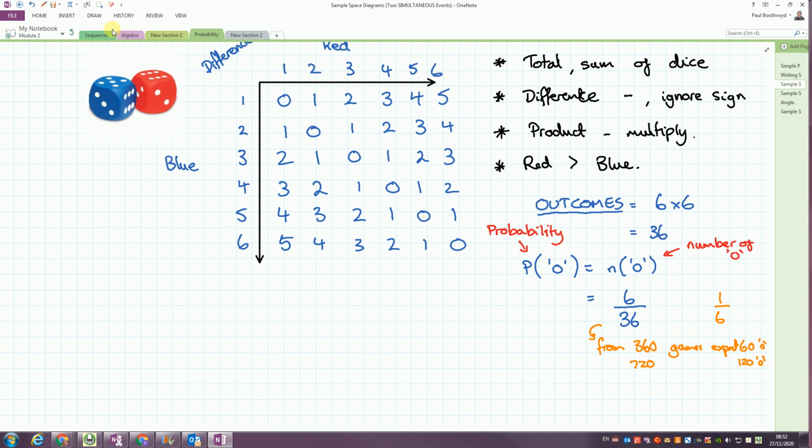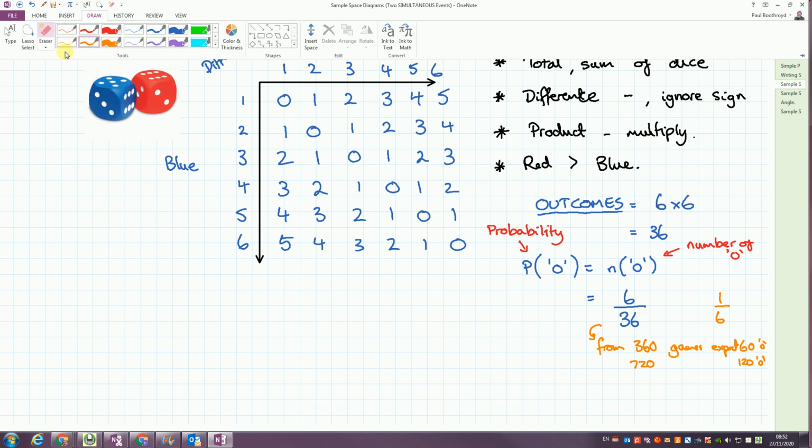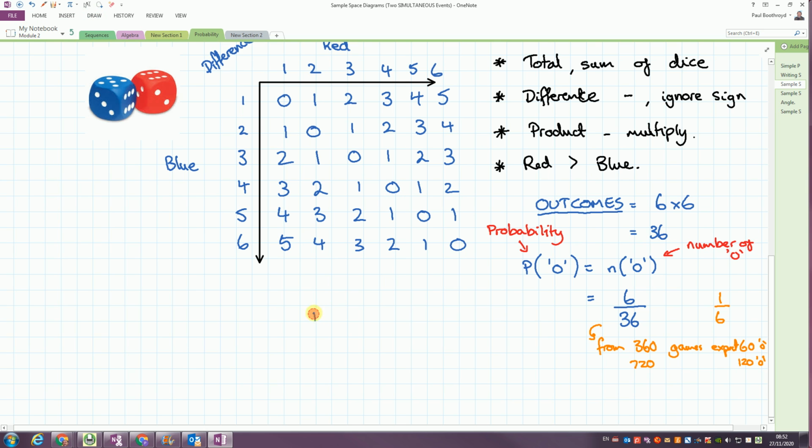We could ask the question, probability of a 2. So the probability of 2s. How many 2s are there? 1, 2, 3, 4. 1, 2, 3, 4. So that's 8 out of 36.